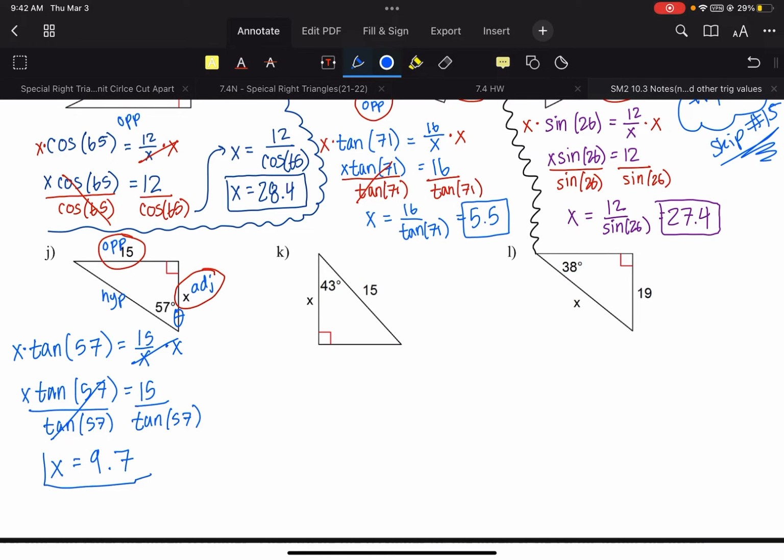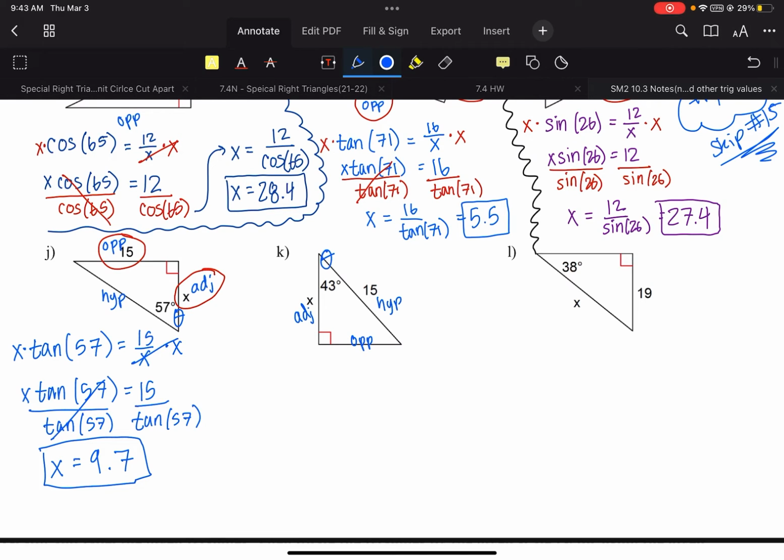And again, checking the reasonableness of your answer is a good idea. If one side of my triangle is 15, it seems plausible that the other side could be 9.7. Okay. Alrighty, let's do another one. Put my theta down, label my sides, hypotenuse, opposite, adjacent.